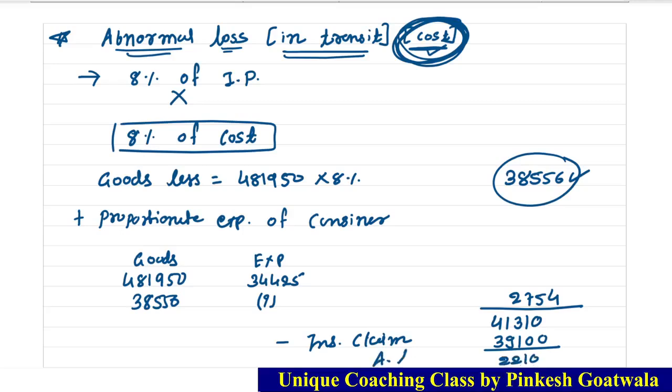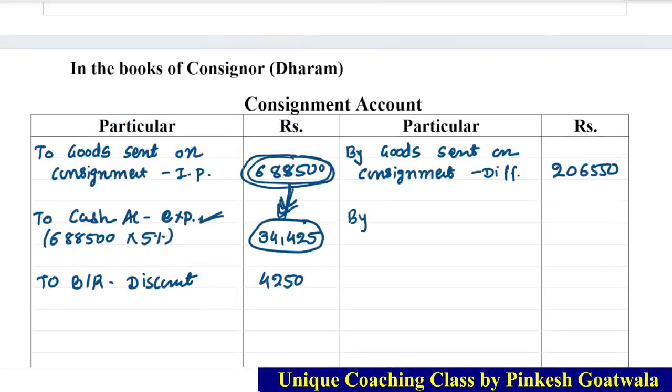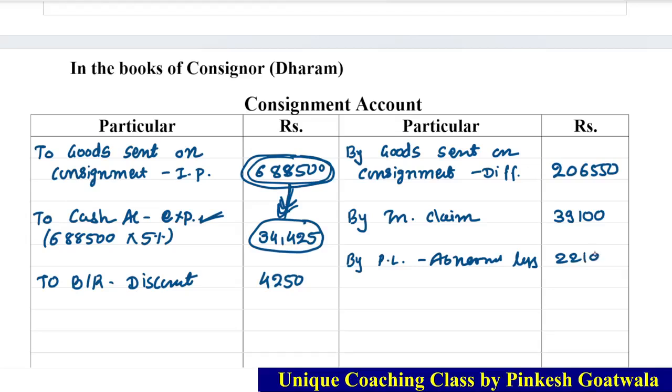It is abnormal loss. So let's give this effect: insurance claim 39,100 and abnormal loss 2,210.